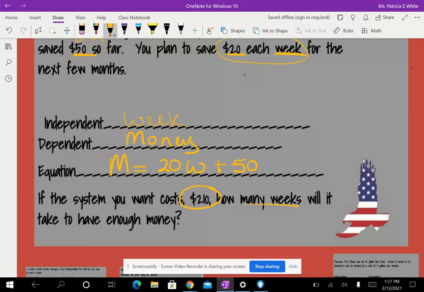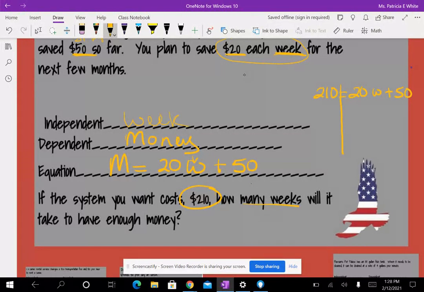So I'm asking you about the weeks, so the W is going to stay in place, but I'm giving you the money. So we're going to have to solve on this one. Again, we're going to have to solve our two-step equations. I'm going to come up over here and write 210, because that's dollars, right? And that's my money, equals 20W plus 50.